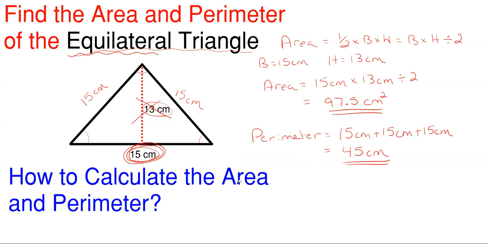We wouldn't have to know what that height is. So the way this calculation was derived is by dividing this equilateral triangle into 2 right triangles, and then using 1/2 base times height, and realizing that each side is the same length.